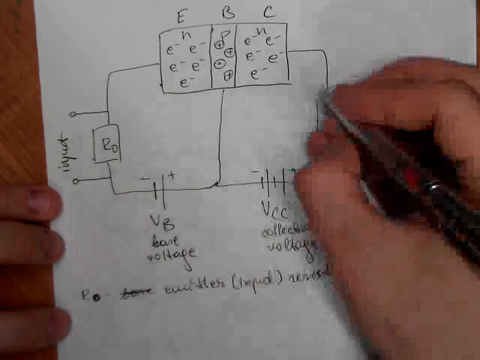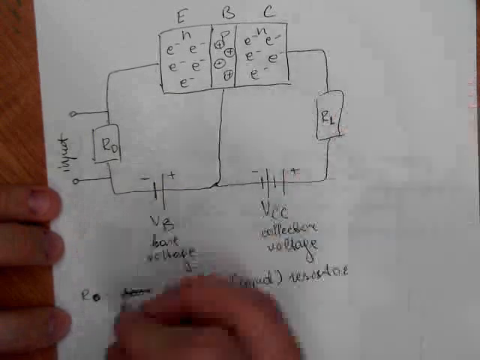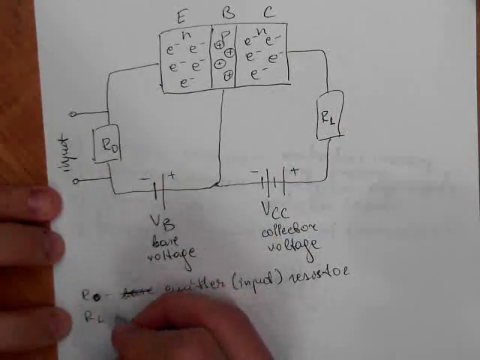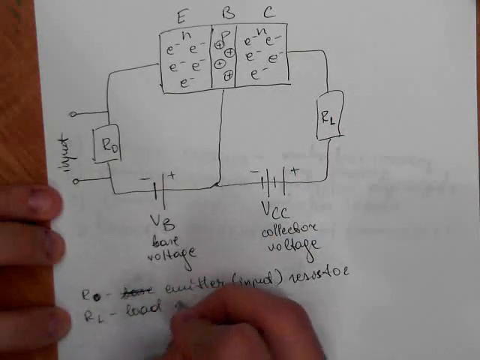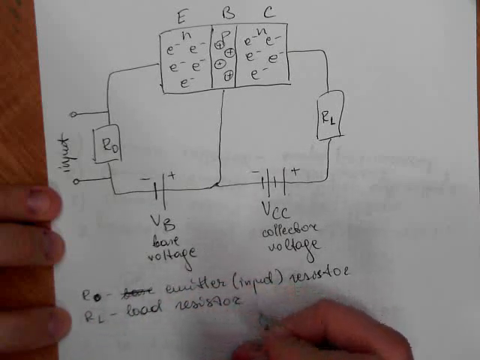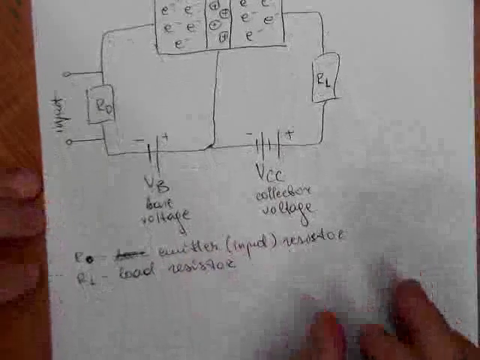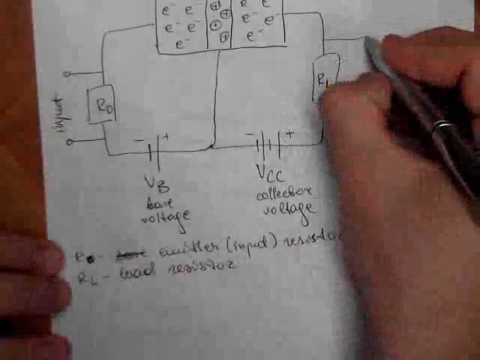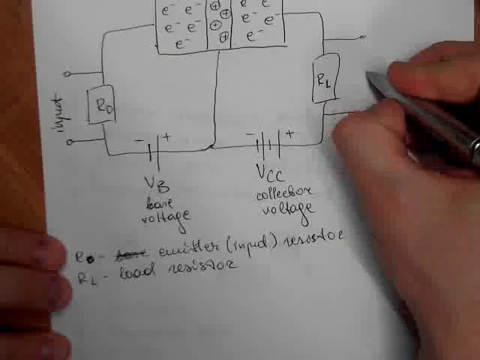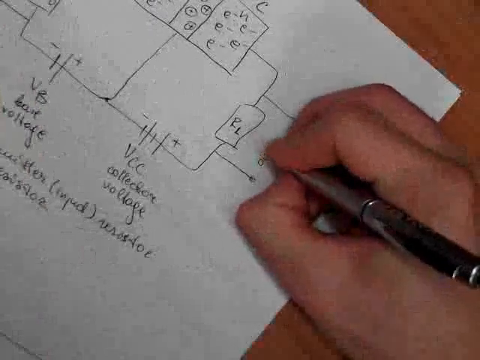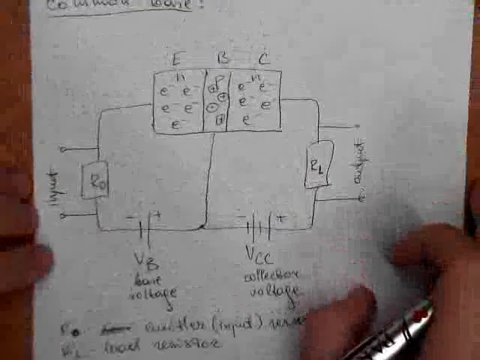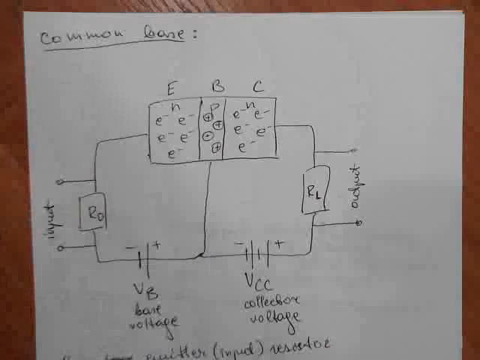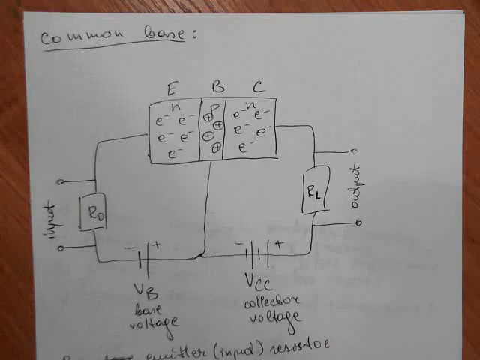This is RL, the load resistor. And here goes the output signal, in this case the output voltage.